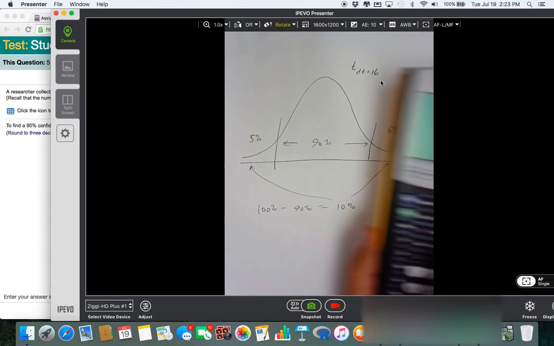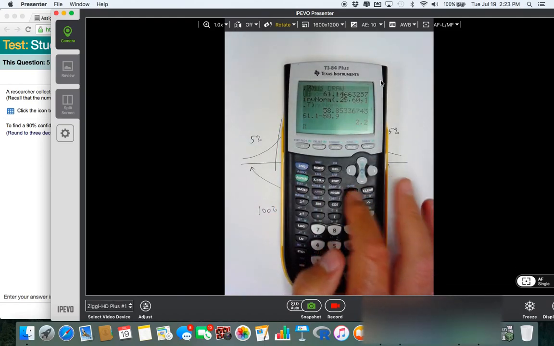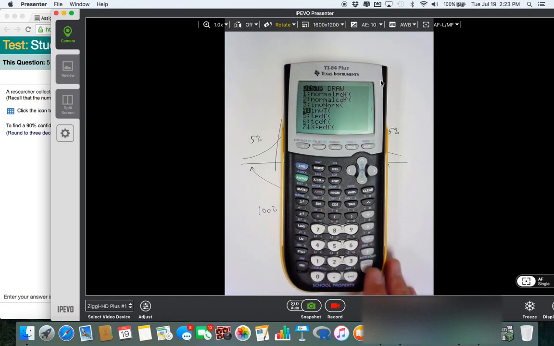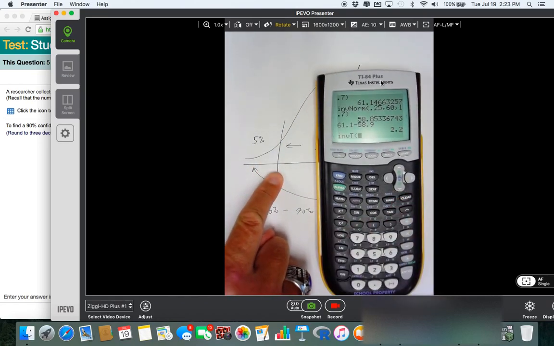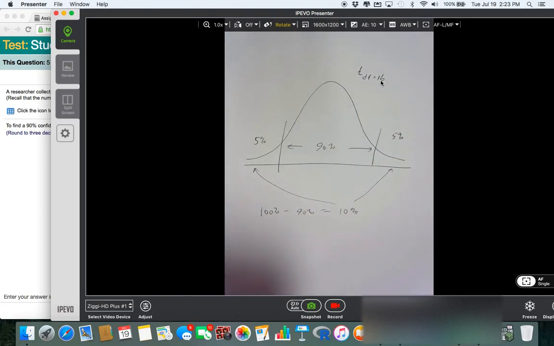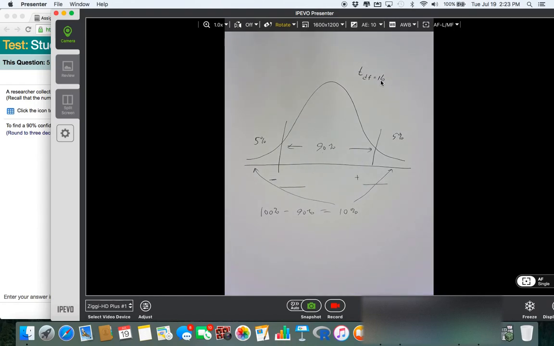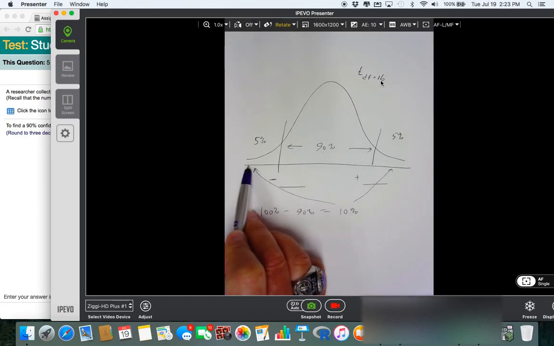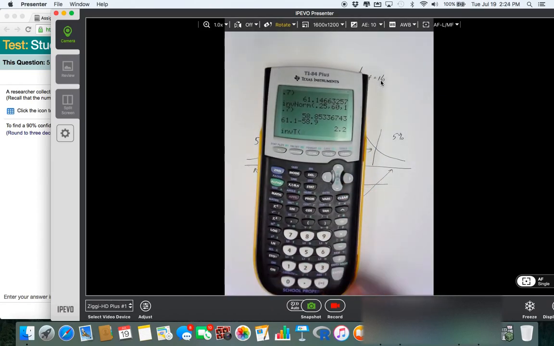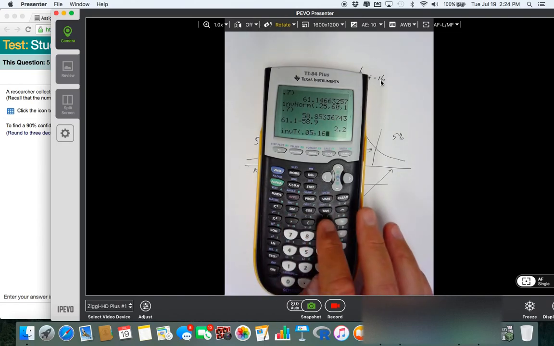Now we let our calculator do the work for us. Guys, inverse t. As I've explained in previous videos, I'm going to focus on this one right here. This number right here will be the negative, and this number right here will be the positive. We only need to report the positive of it. But this is easier because I just have to go 0.05. Degrees of freedom 16.